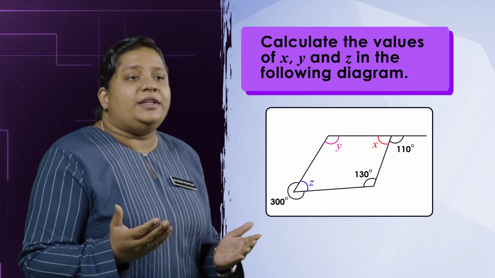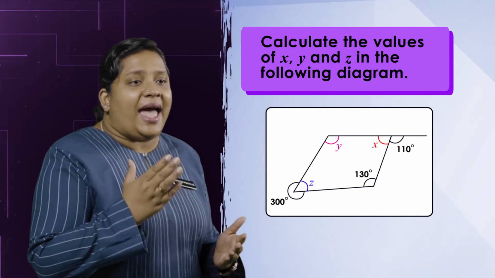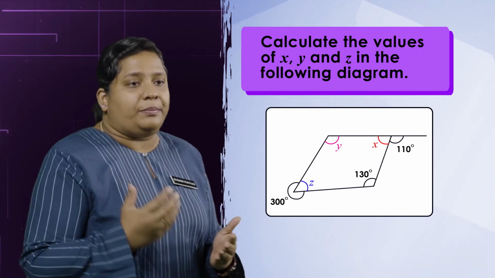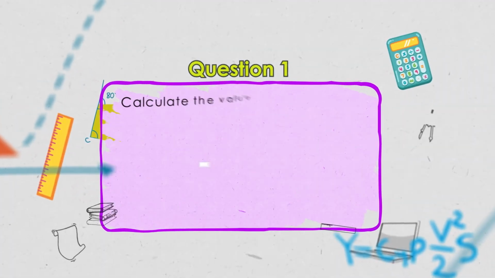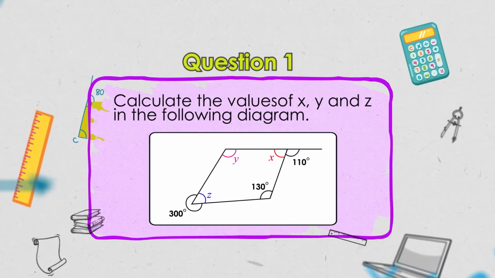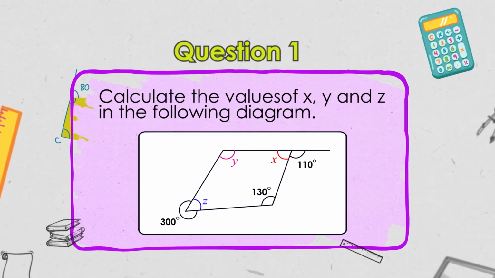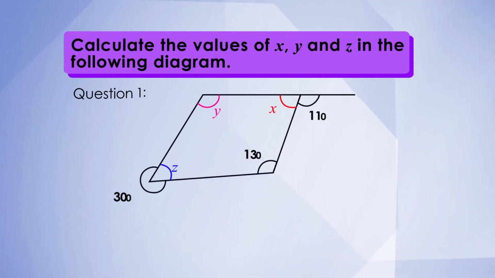Let's observe the diagram and analyze the angles given in the diagram. What can you see? What is the best method to solve this question? Recall what you have learned today.